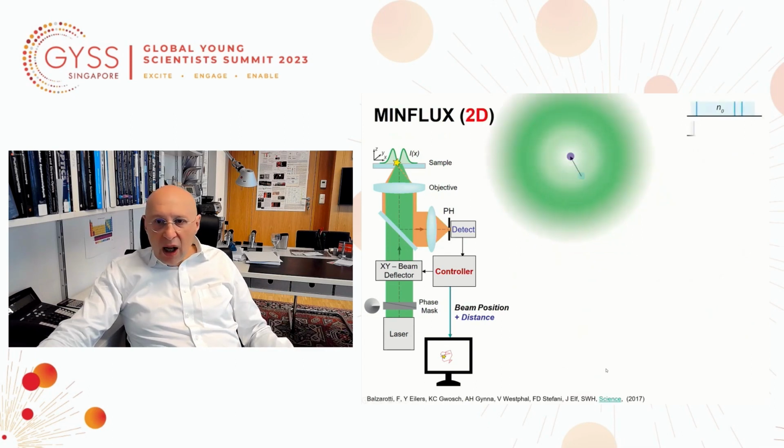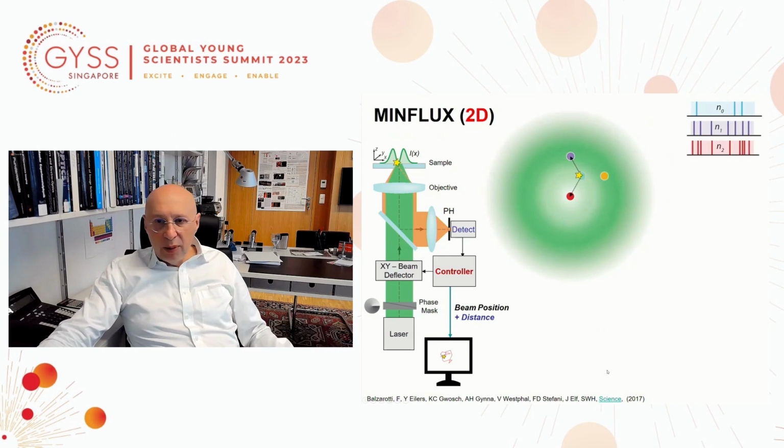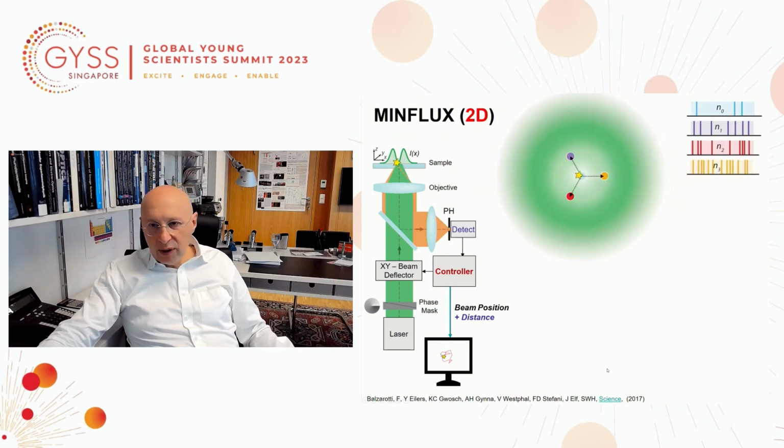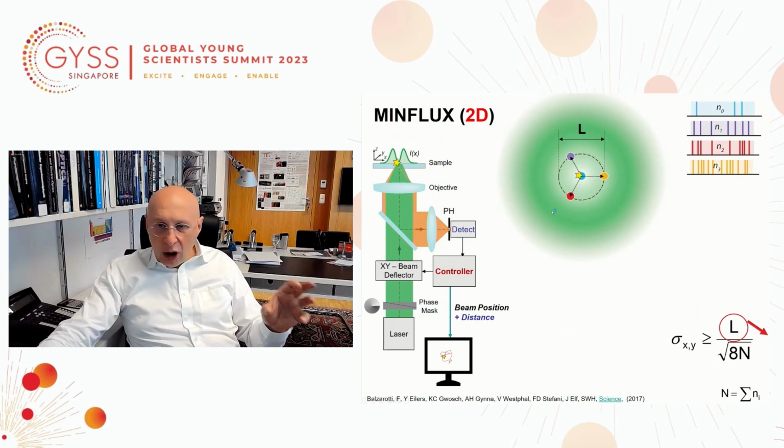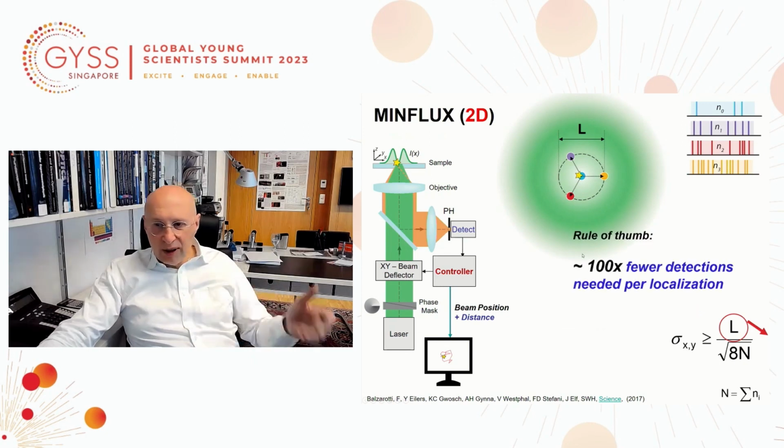Of course, in 2 dimensions, you would not have 2 points, you would have 3 points, or 4 for that matter, which is even better. Without boring you with the details, the precision still scales with L, and this is shown in here. So once you know roughly where it is, you bring the zero on average closer to the molecule, and the precision goes up.